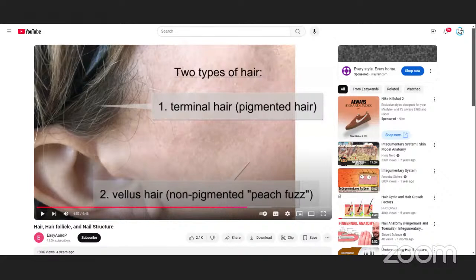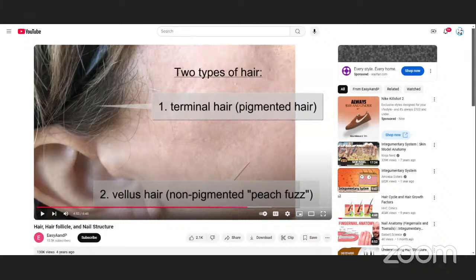Underarm. Legs. Yep. Okay. And of course our private areas, personal areas. Yeah. So those are terminal hair, and it's pigmented hair. It's hair that has the pigment. And when you can see it, most of the time terminal hair is much stronger than vellus hair.